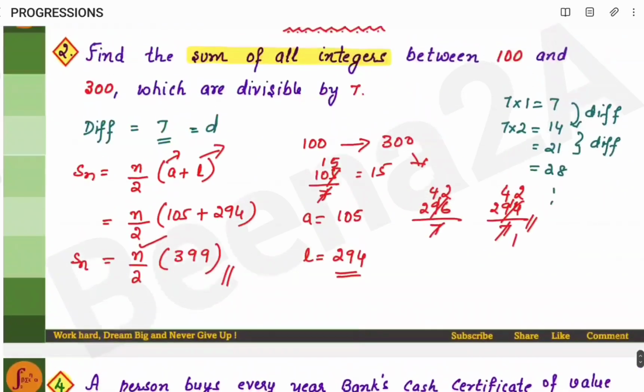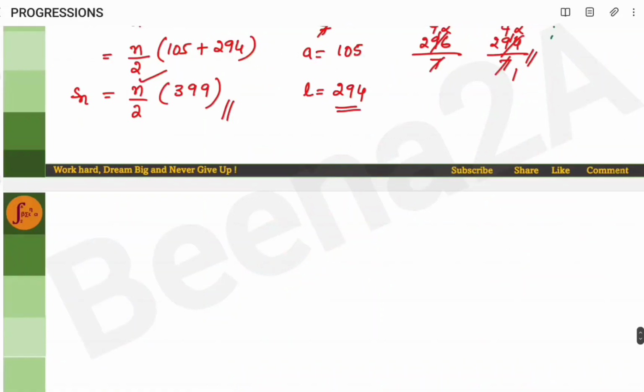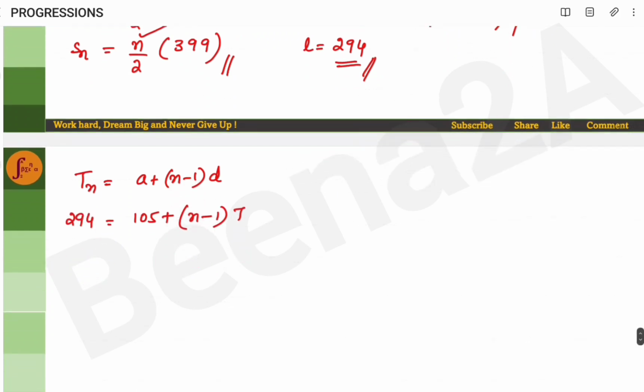So we'll go with the term formula. What is the term formula? Term formula is Tn is equal to A plus n minus 1 into D. First term is 105 plus n, which we don't know, into the difference, which is 7. And the last term, 294, is Tn.